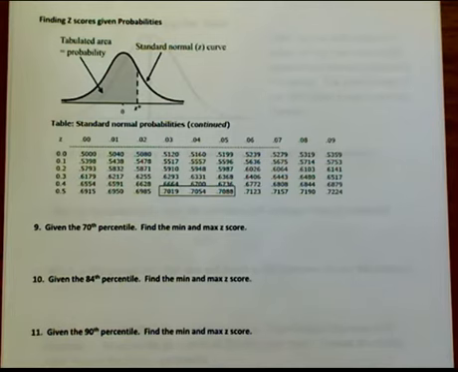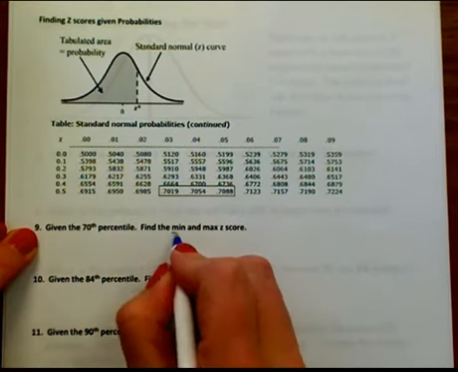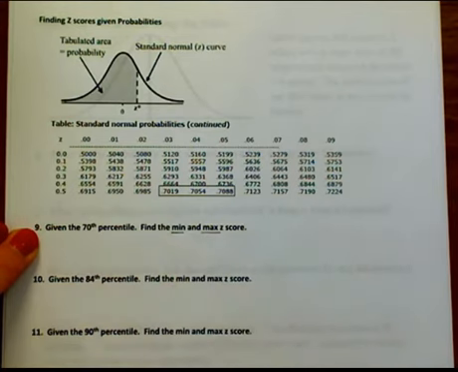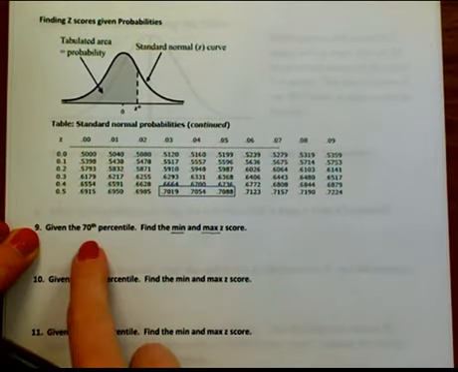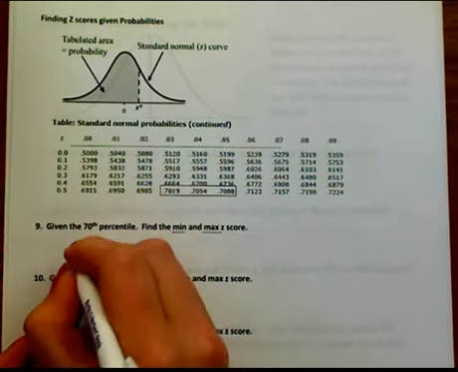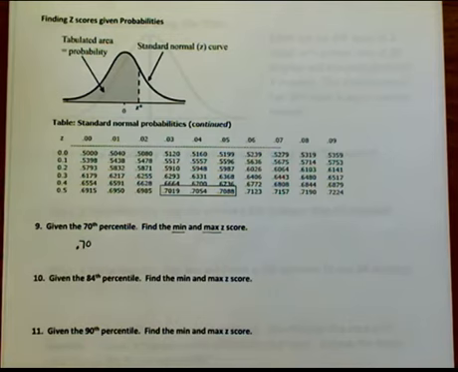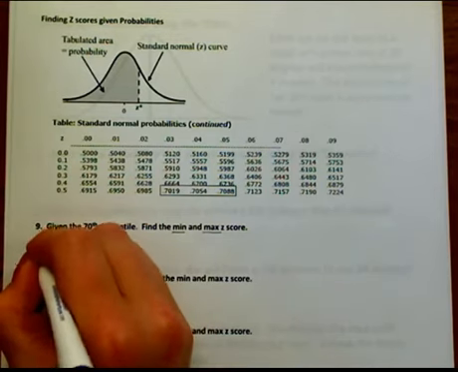Okay, last section we're going to look at before we take a short break is working backwards. This time you're going to be given a percentile and you need to find the min and max possible z-score. So when I say the 70th percentile, that means probability 0.70.